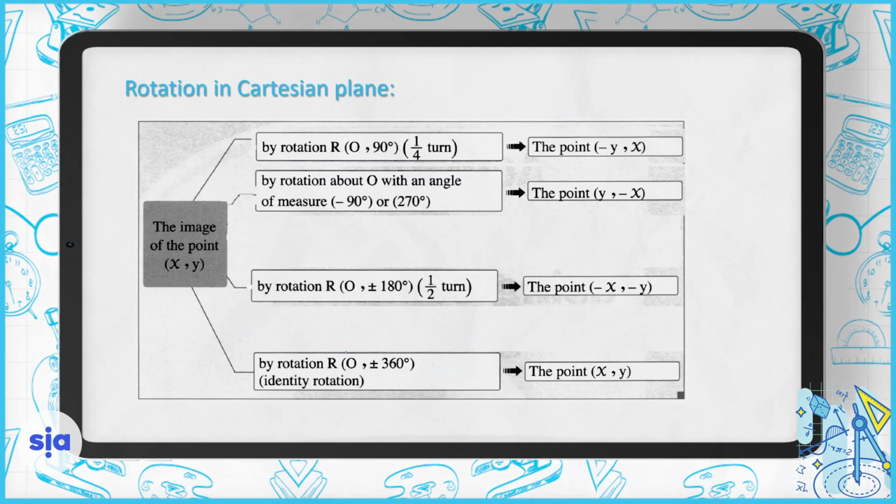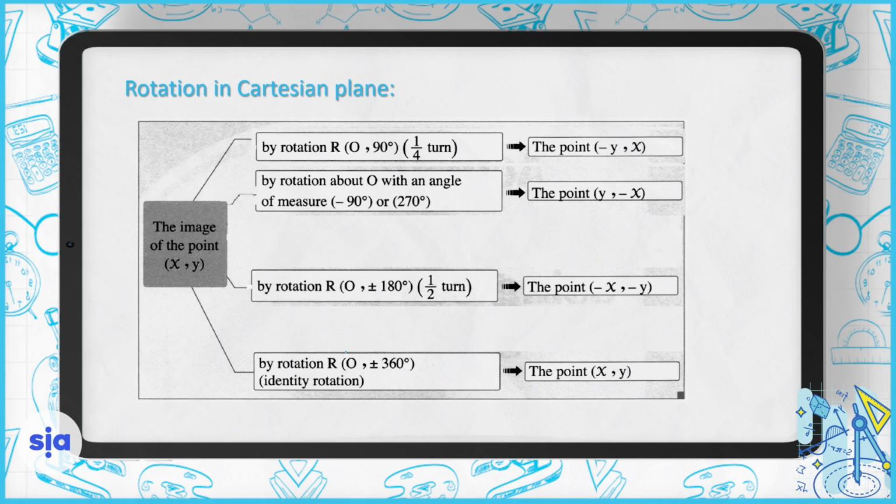Let's now check the rotation in the Cartesian plane. The image of the point (x, y) by rotation around O with 90 degrees, a quarter turn, becomes (-y, x). By rotation around O with an angle of measure -90 or 270, the point becomes (y, -x).